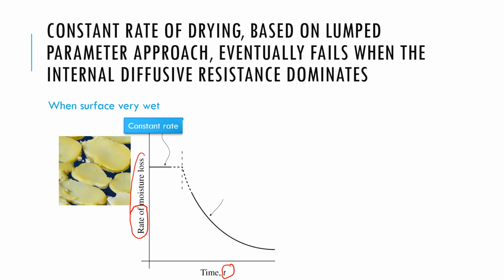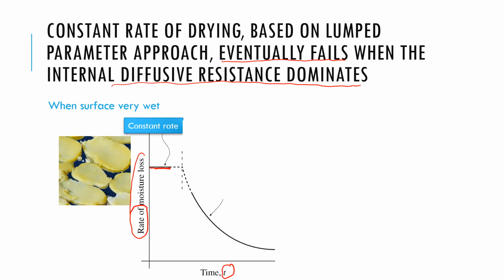So maybe as we are starting the drying process, the rate is constant. So it's a straight line, but it's not going to stay that way. So this lumped parameter assumption eventually is going to fail when the internal diffusive resistance dominates. So let's talk about this a little bit.